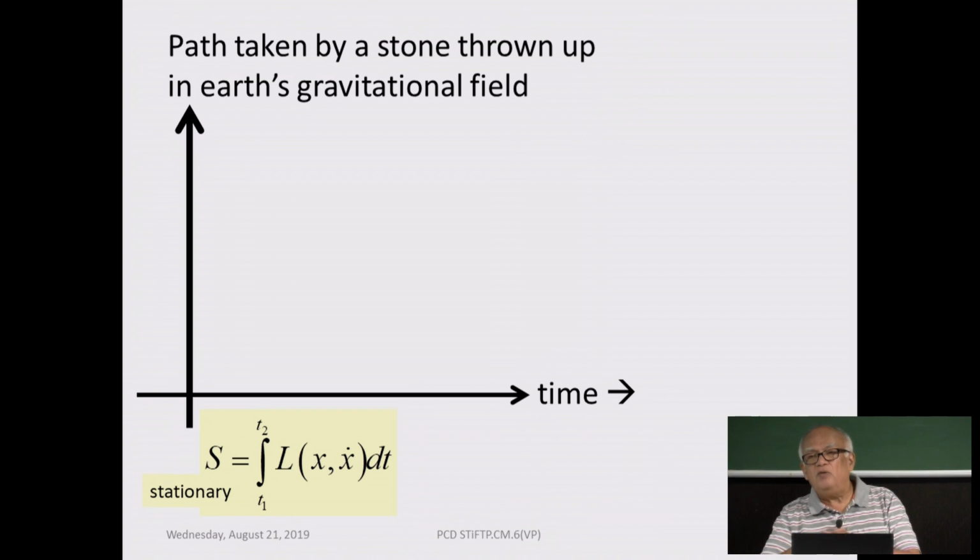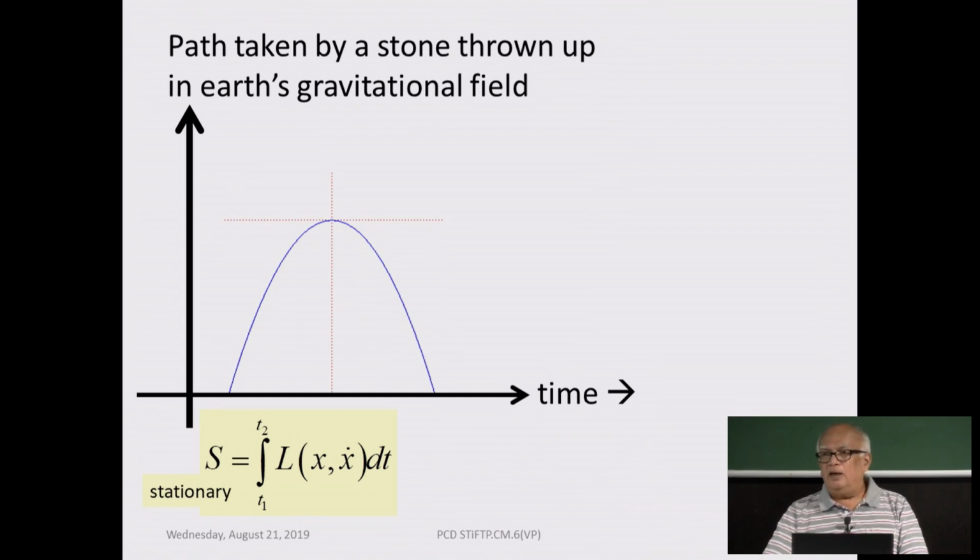And in the solution you will put the two initial conditions. Where have you thrown it from and at what speed did you throw it? What is the solution that you get? You get a parabola, right? And the reason you get a parabola and not some other trajectory, you can think of alternative trajectories.